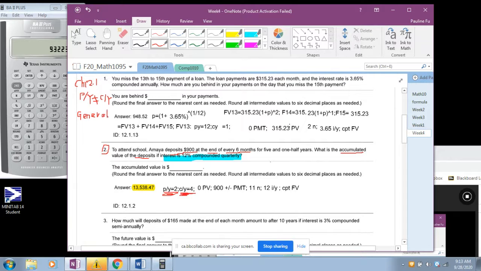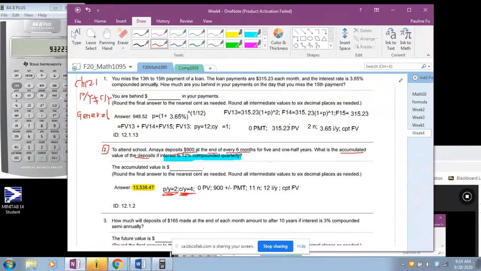So the title of chapter 12 is Ordinary General Annuities. Ordinary means payment is made at the end. General means PY not equal to CY.